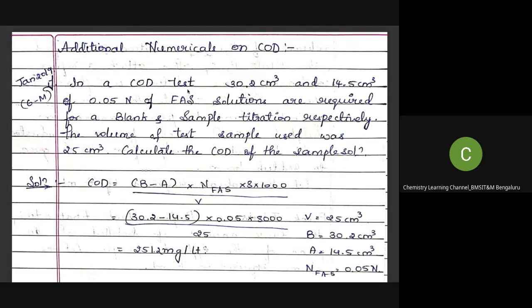In a COD test, 30.2 cm cube and 14.5 cm cube of 0.05 N FAS solutions are required for a blank and sample titration respectively.